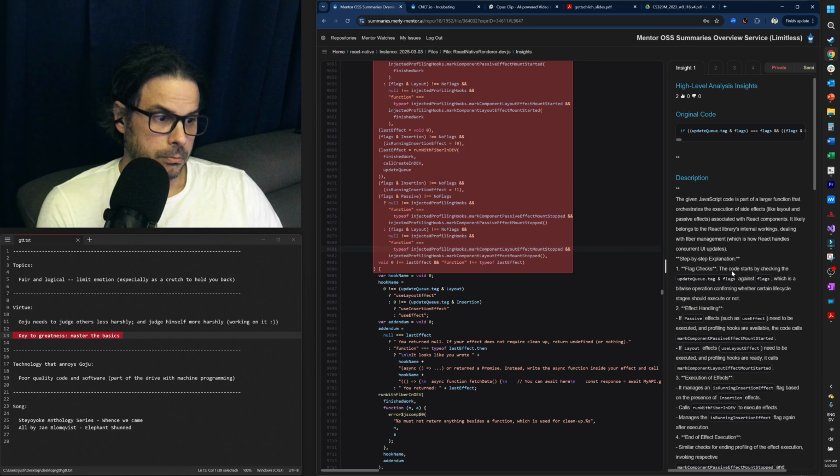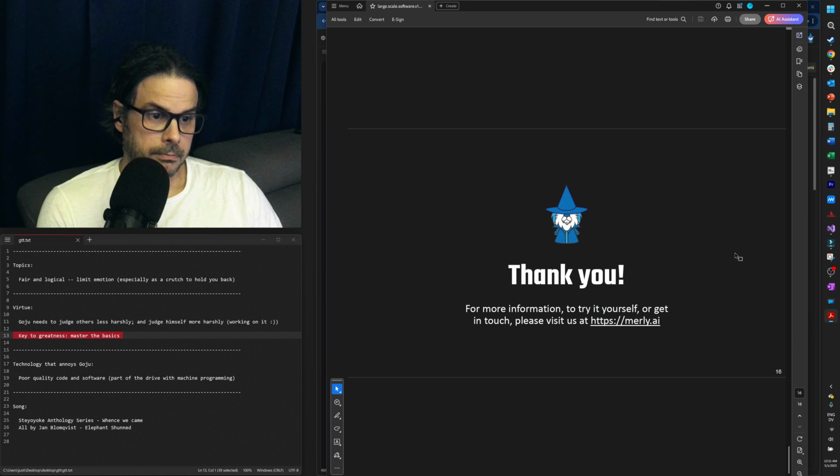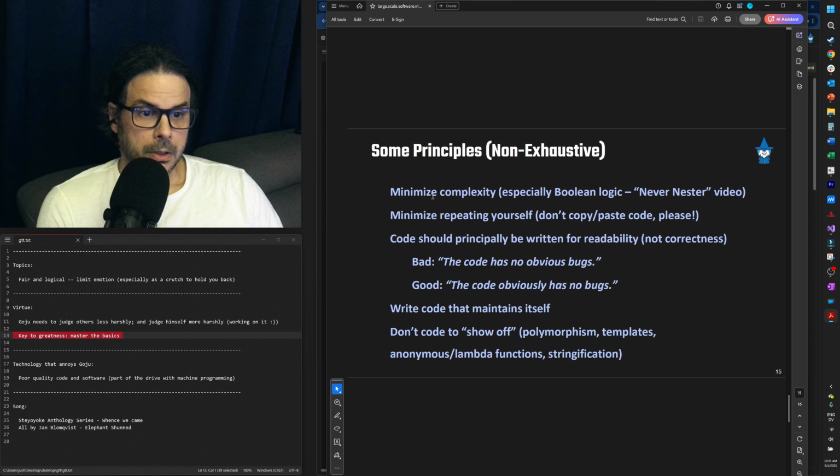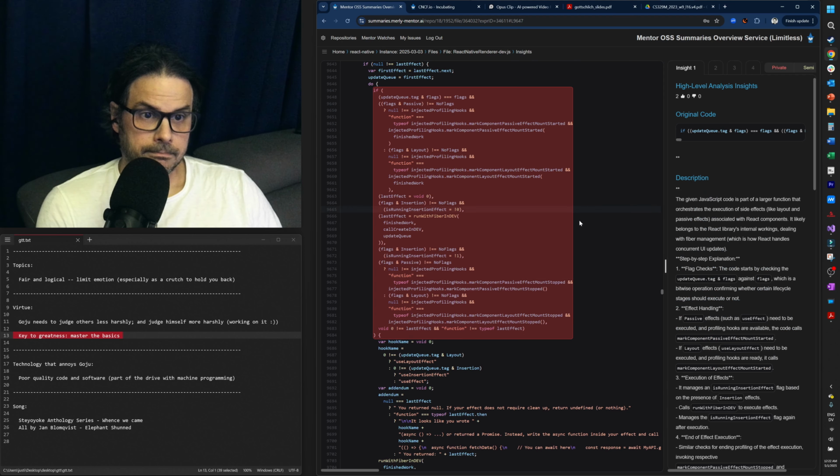Minimize complexity. Code should principally be written for readability. This is what happens if you don't do this. Not great.